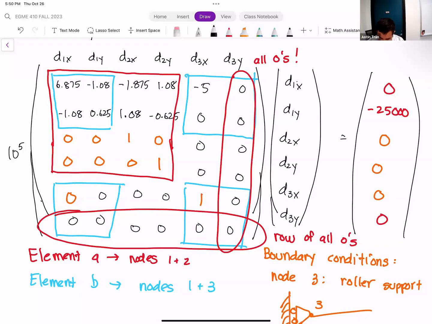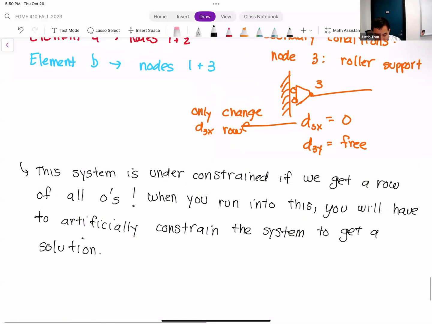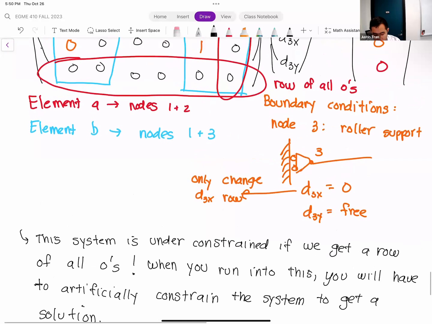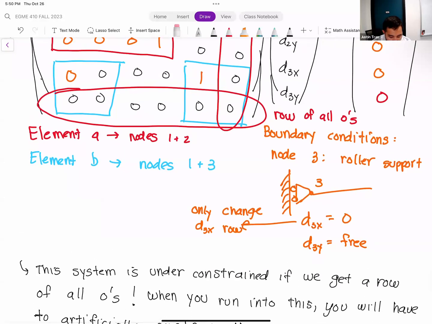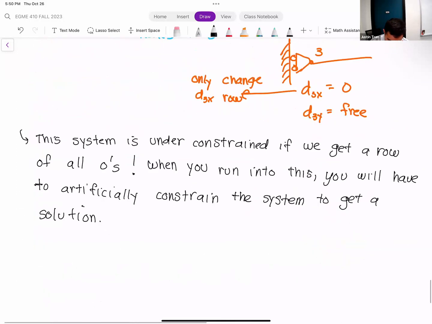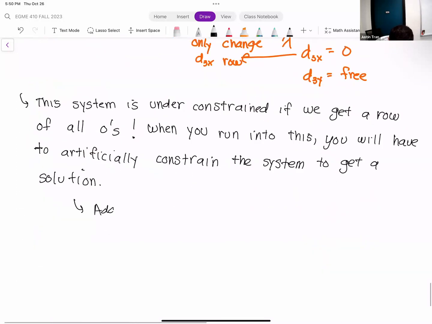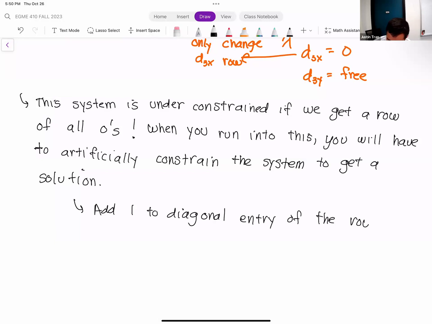Okay. And so for this particular problem, you have to artificially constrain it to get a solution. The way to do it is to just add a 1 to that diagonal. Effectively, by adding that 1 there, we're turning that roller support into a pin support.